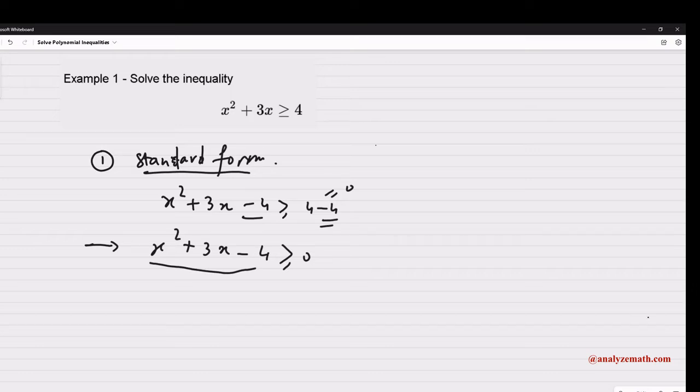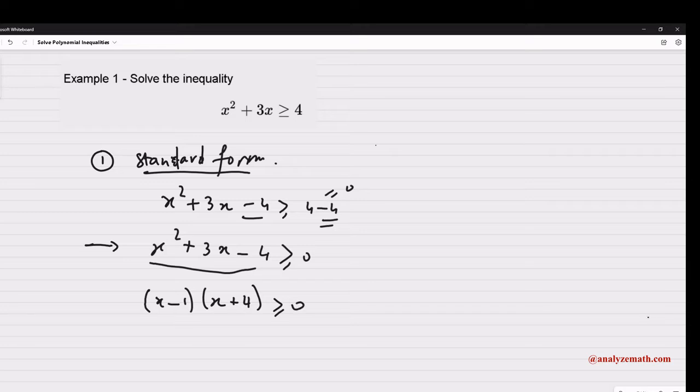Now, to do this, we need to factor, because as it is, it's not easy to analyze the sign. So we factor this expression, and that will give me (x − 1)(x + 4).